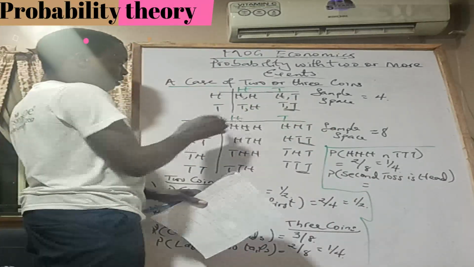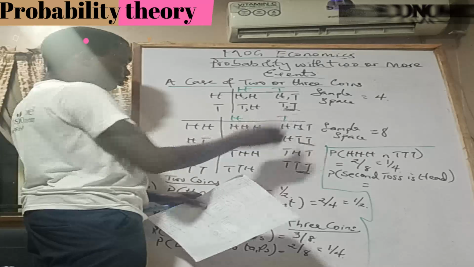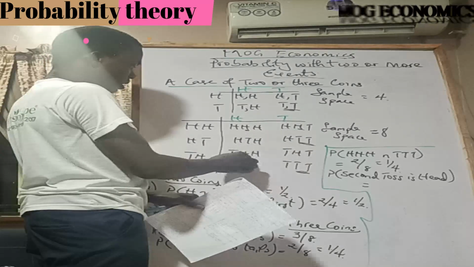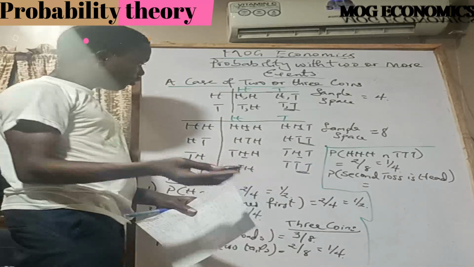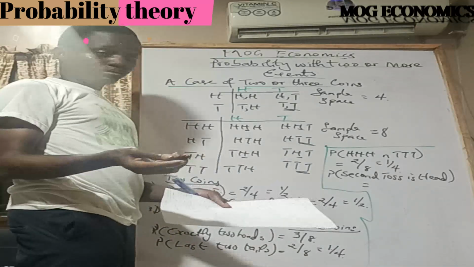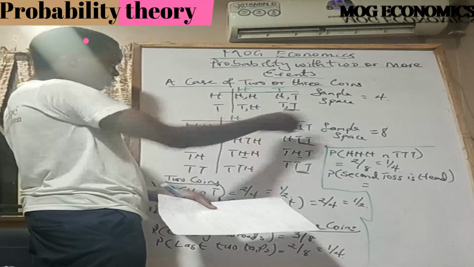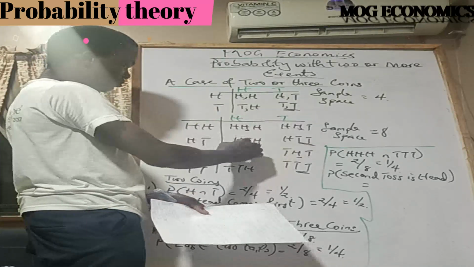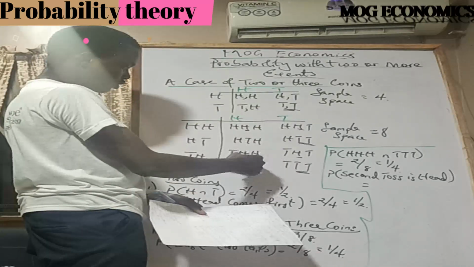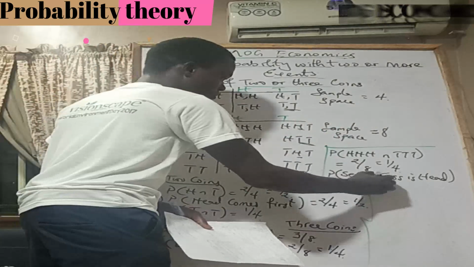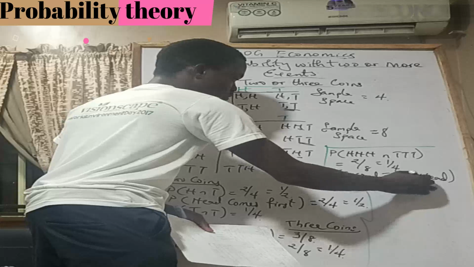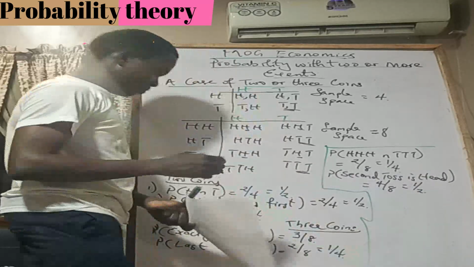The middle, head here, that's number 2. Not here, not here. Head here, number 3. Head here, number 4. That's the second toss anyway. Out of 3 tosses, 1, 2, 3. So that's 4. So we have 4 over 8, which is 1 over 2.